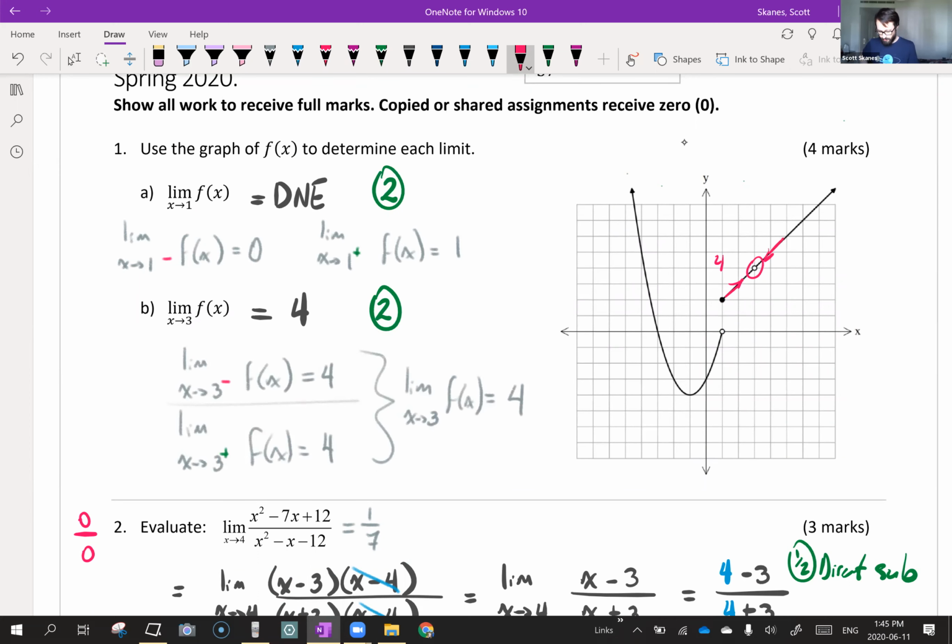From the right side, 4. That's what the limit's for. Yeah, a few students, I would say 20, maybe even 30% of the students got it wrong. Maybe more. Maybe almost half. I haven't done the math on it, but many students got it wrong.